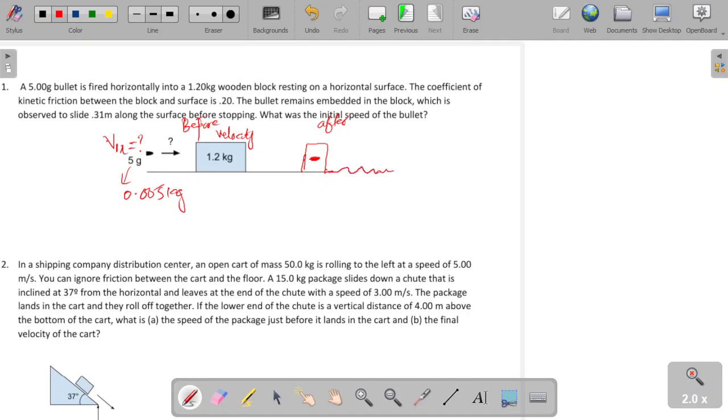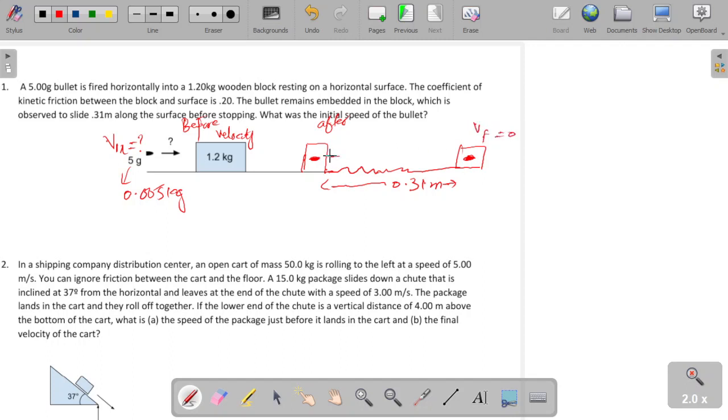After that the block will move in a horizontal direction, and it will cover a distance of 0.31 meter in the horizontal direction. At last, the block will stop here. Here its velocity, I call it vf, the final velocity, will be 0.